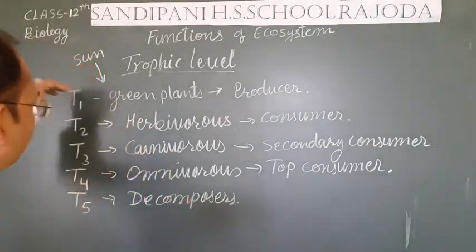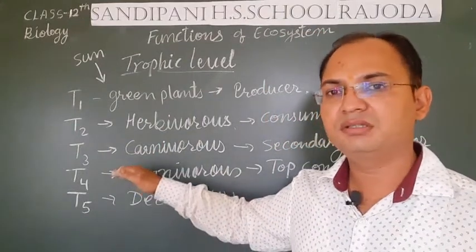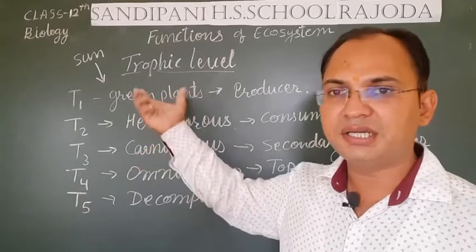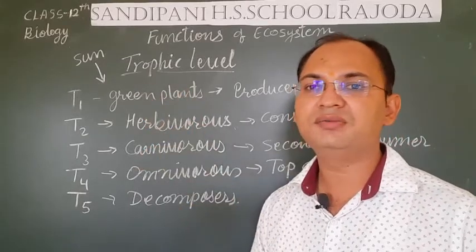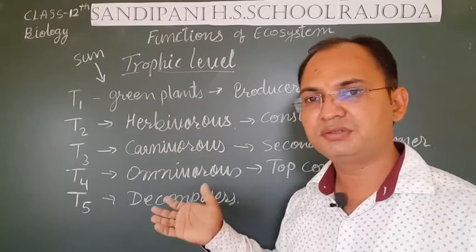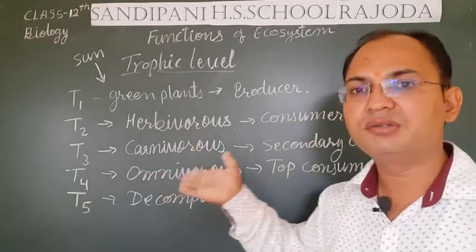So finally, these are the trophic levels. Trophic level 1 constitutes the producers, which produce their energy with the help of sunlight. Second, herbivores, who directly eat the green plants or producers.